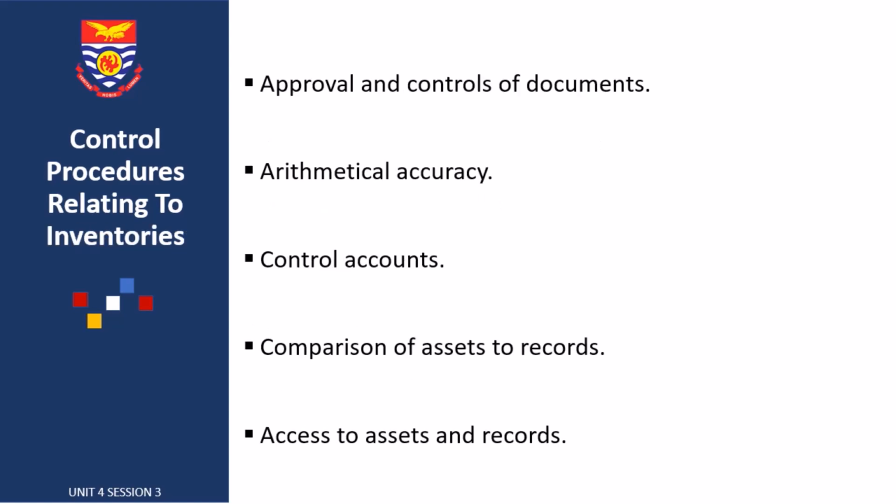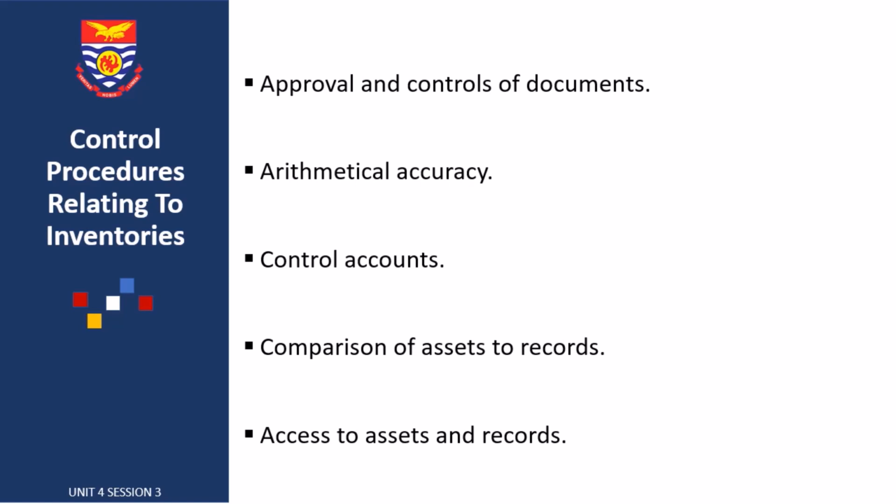Then we look at the control procedure relating to inventories. With the inventories, we have to look at the approval and control of documents. As usual, you have to look at the arithmetical accuracy, the control account, the comparison of assets to records, access to assets, and other records.